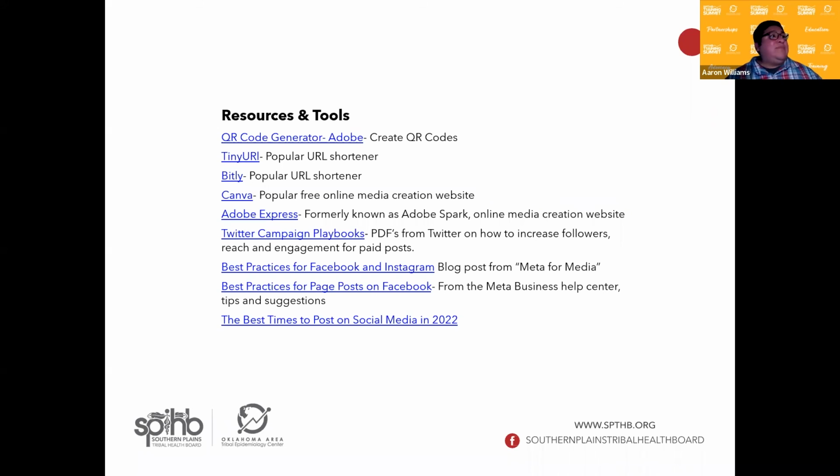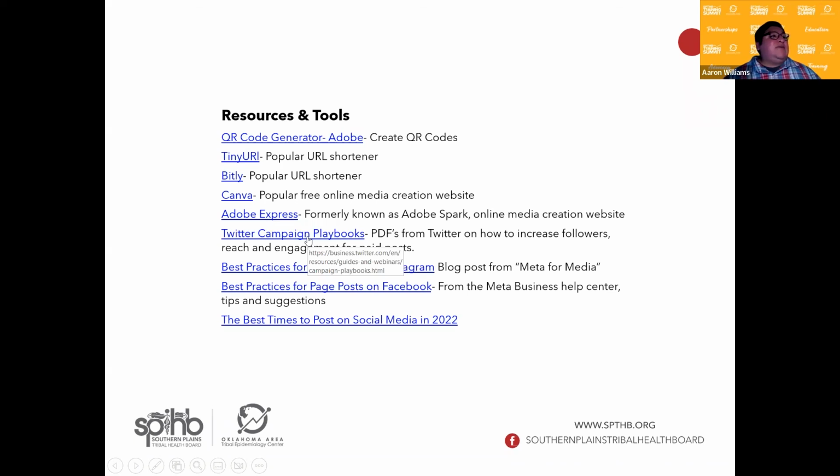That's how they make their money. Canva, you can use Canva or Adobe Express to make content. They have templates, different visual media and different types and fonts to make your flyers, your brochures, what have you.